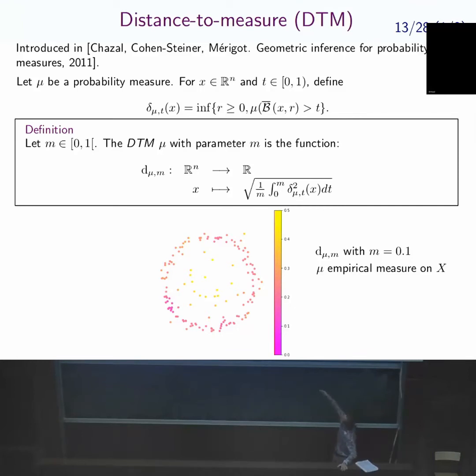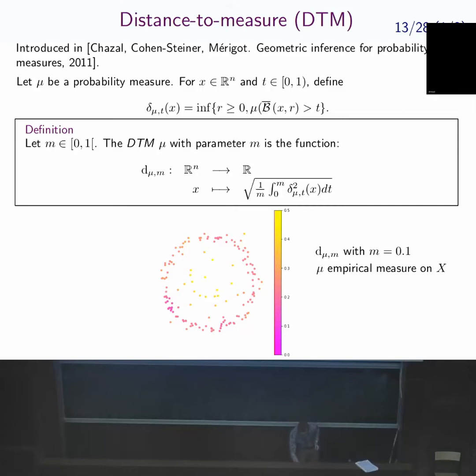For instance, here is an example where mu is the empirical measure on X, this point cloud, and I drew the values of it. As you can see, the DTM takes small values close to the circle and high values on the anomalous points. This is because the DTM is sensitive to high density areas and low density areas of the measure.